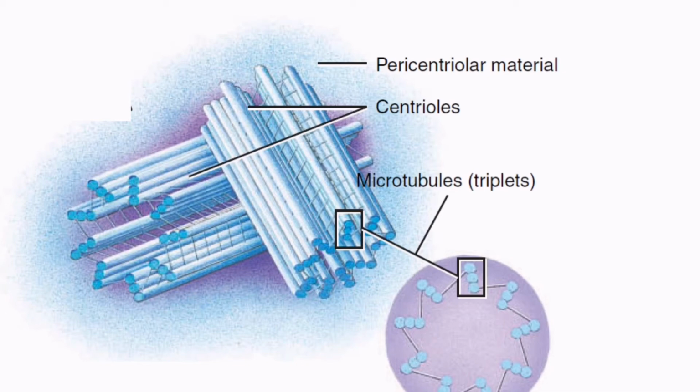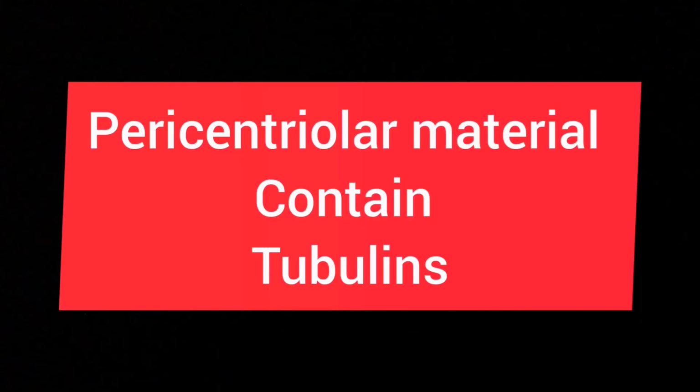Thus, 2 into 9, that is 18 tubules, are seen in the centrosome. This pericentriolar material contains tubulin, which is used for growth of the mitotic spindle. This growth of the mitotic spindle helps in cell division. Thus, the centrosome is mainly used for cell division.